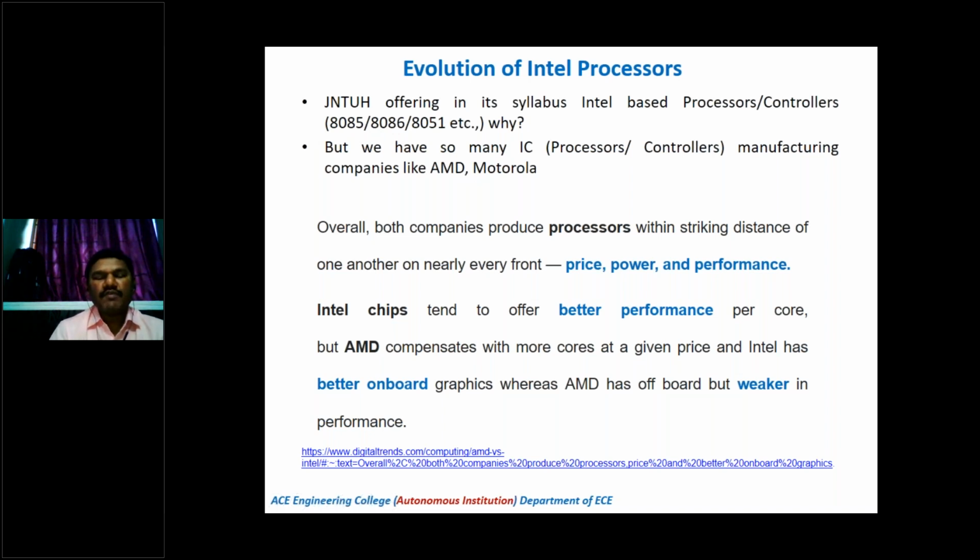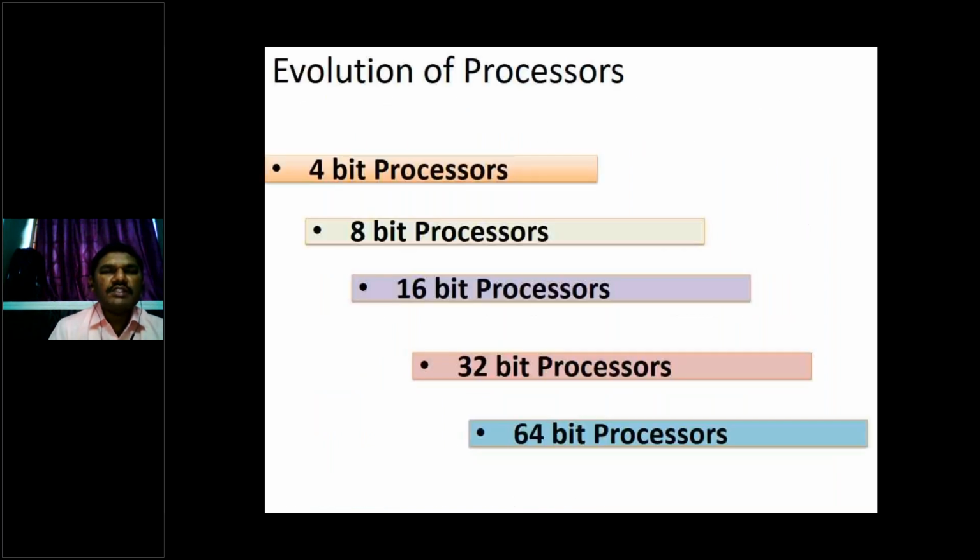That is the reason we are studying 8086 and 8051. This is the evaluation of microprocessors: 4-bit, 8-bit, 16-bit, 32-bit, and 64-bit processors. Today we are all using 64-bit processors in our desktops and laptops.